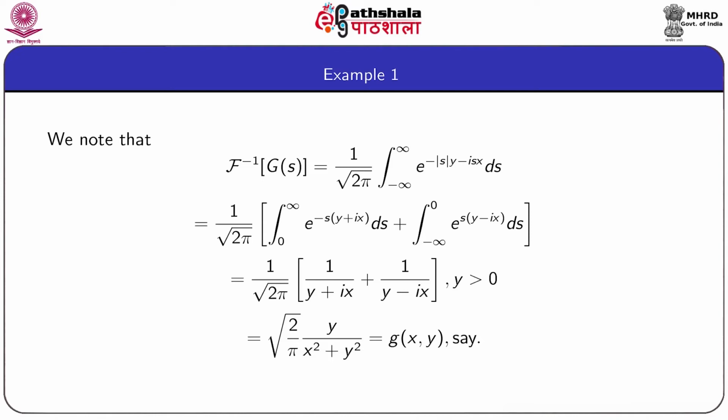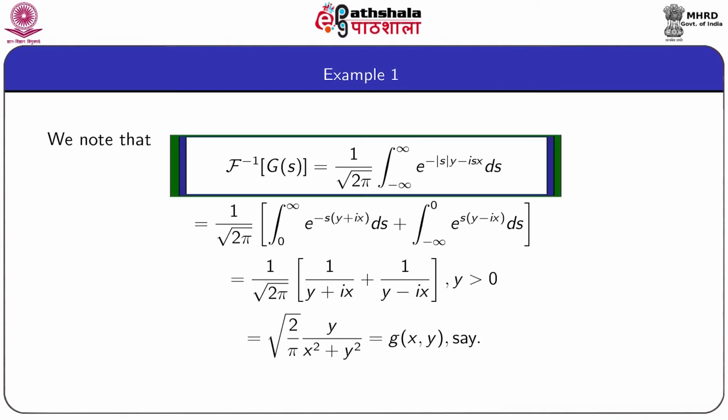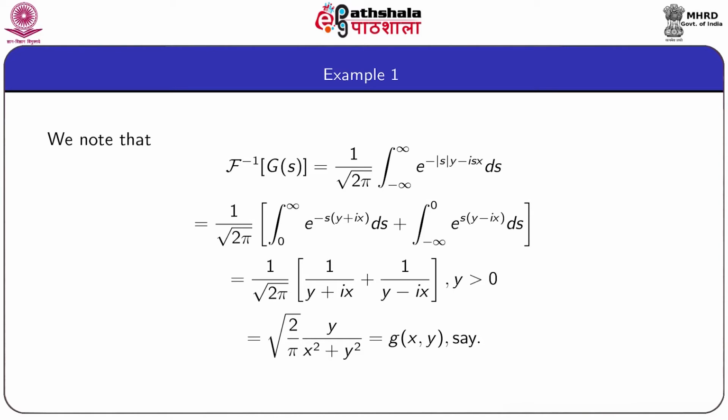So, the Fourier inversion of capital G(s) is given by 1 by root over 2 pi, integral from minus infinity to plus infinity of e to the power minus mod s y minus i s x ds. Now, we break the integral from minus infinity to plus infinity into two parts, that is minus infinity to 0 and 0 to infinity.